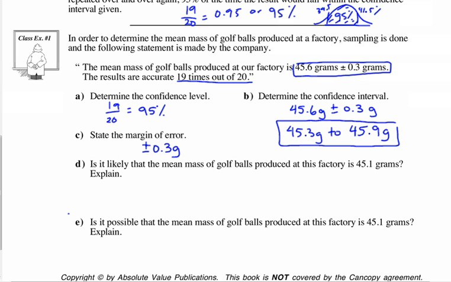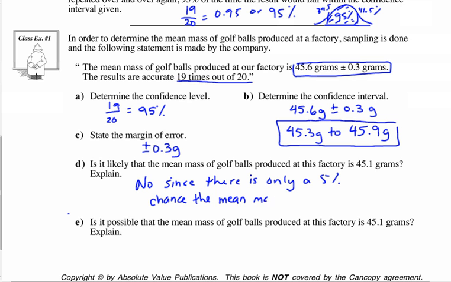The answer is no. No, since there is only a 5% chance that the mean mass would lie outside our confidence interval.